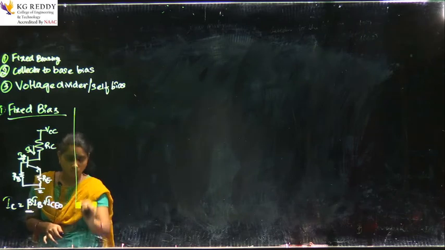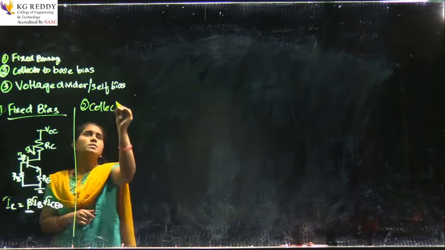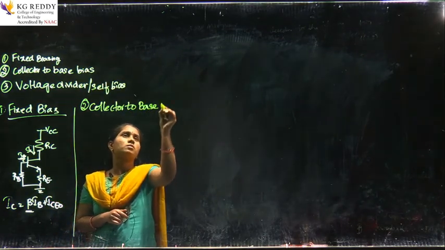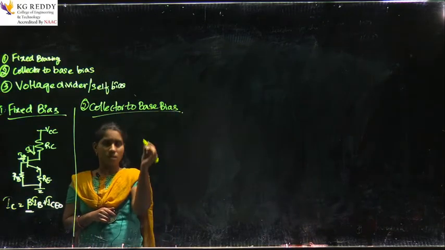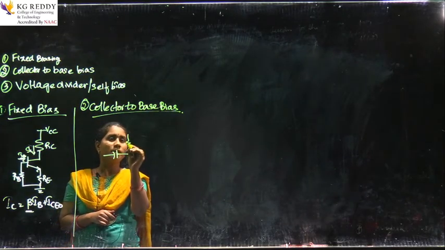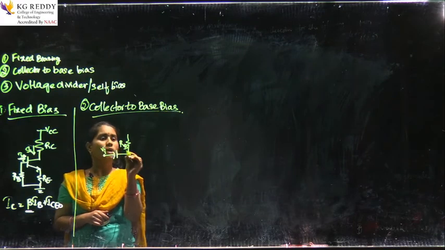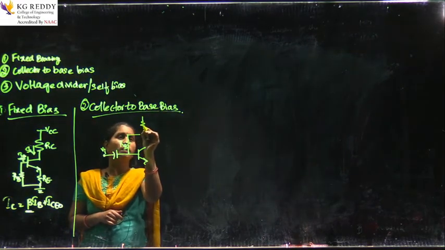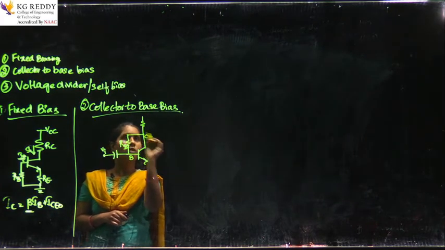Now let us discuss the second one, the collector to base bias method. In this method, I am using one feedback resistor, which is the RB resistor. One RB resistor will be placed in between the base point and the collector point.